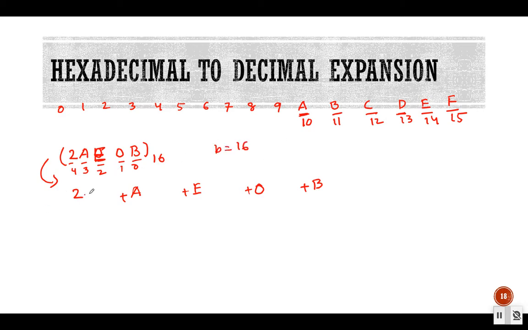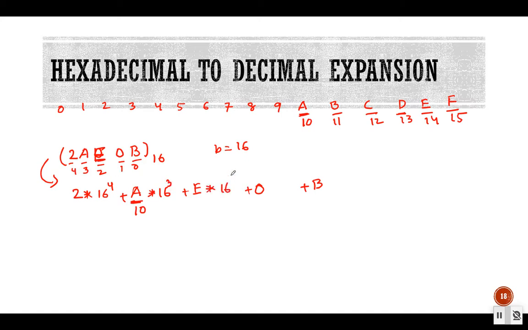So what we are going to do, for 2 it will be 16 to the power 4. For A we are not going to use A. We are going to use the decimal equivalent number. A's decimal equivalent is 10, so it will be 10 times 16 to the power 3.